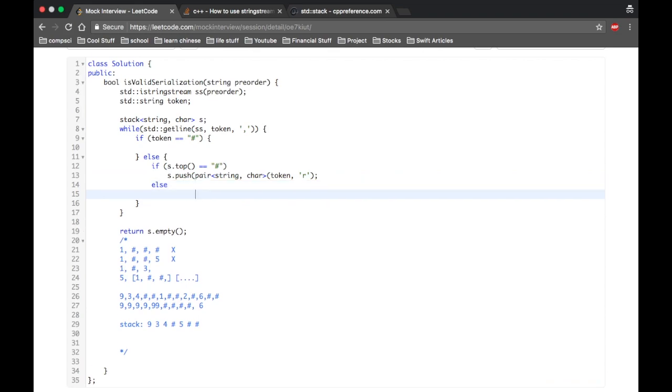Else s.push pair string char, it's a left child.